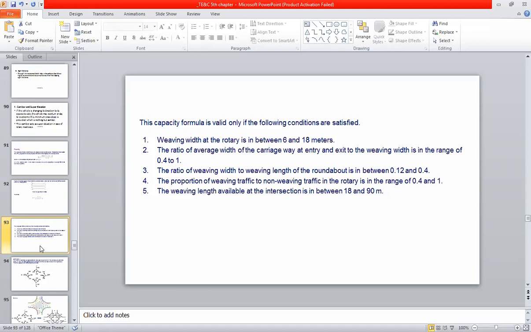This formula is valid only when the weaving width at the rotary is between 6 to 18 meters.